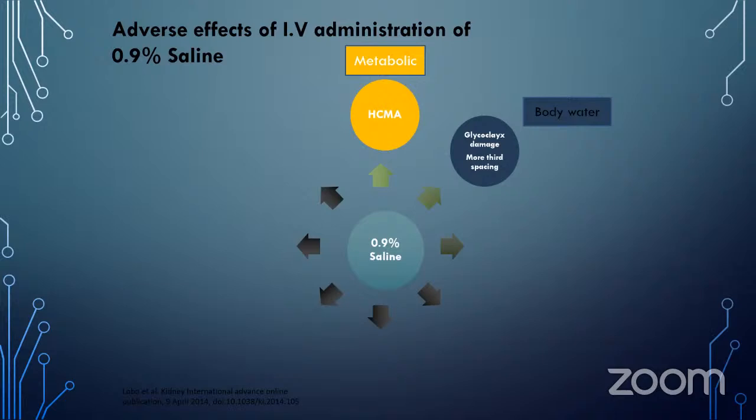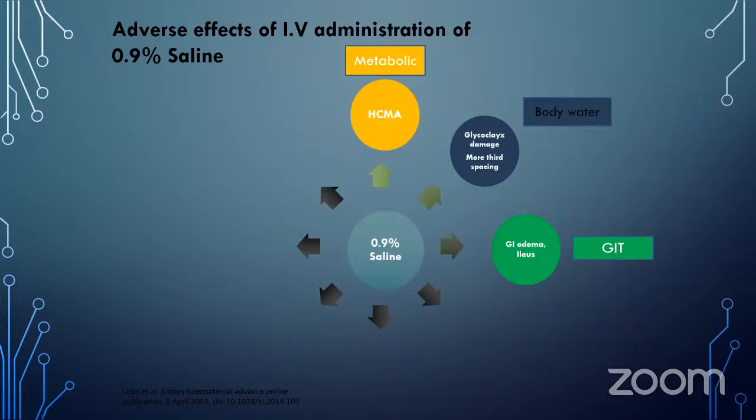They found that the more saline we give, the chloride and sodium tend to cause more release of natriuretic peptides, and these natriuretic peptides again cause damage of the endothelial glycocalyx, leading to extravasation of fluid into the interstitial space. So there is evidence that normal saline can damage the endothelial glycocalyx, leading to more third spacing, and also leads to ILS. It is part of a global increased permeability syndrome.